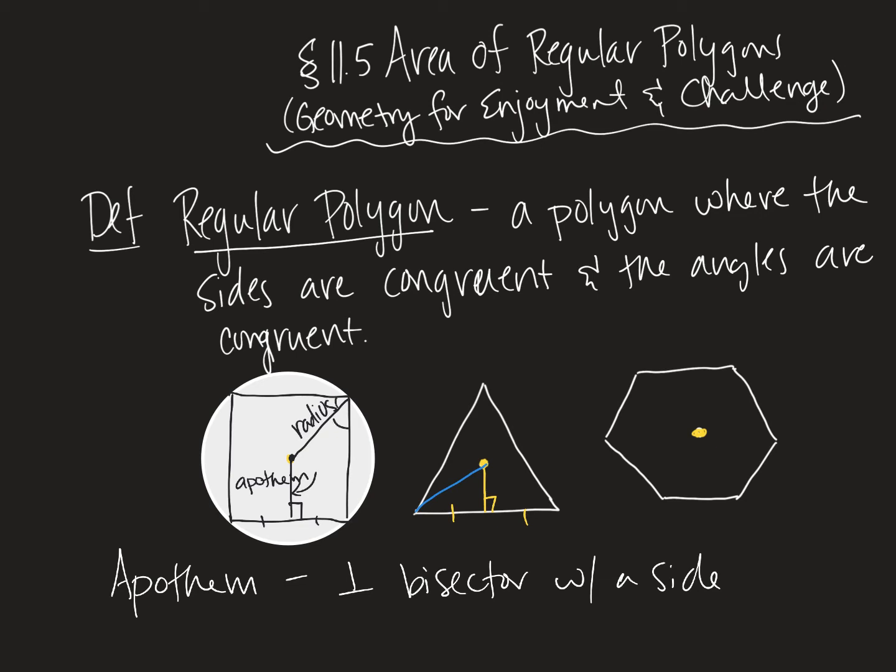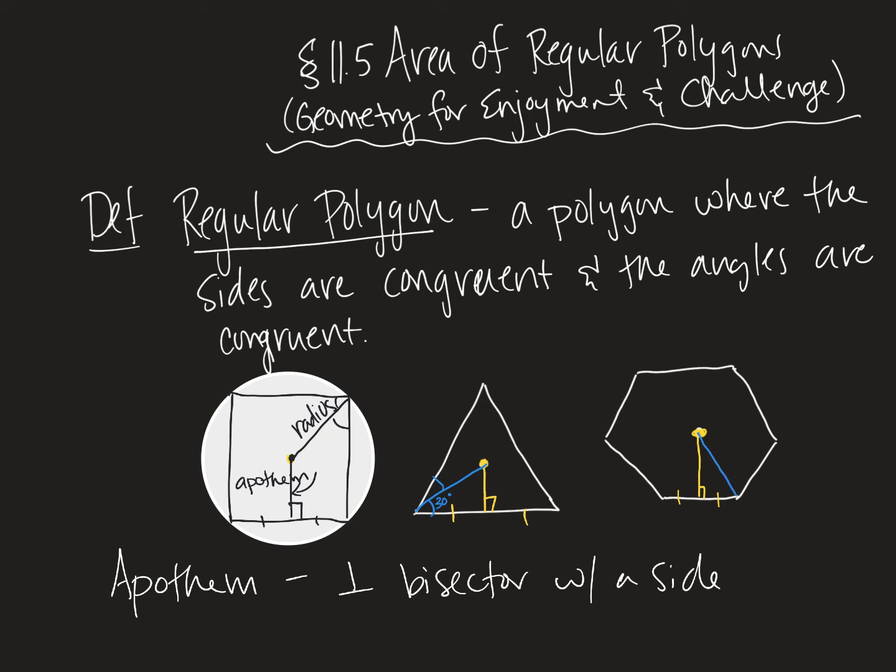It bisects the angle, so it creates congruent angles. So if this is a 60-degree angle because it's an equilateral triangle, then this little piece would be a 30-degree angle. Same thing happens over here. So my apothem starts at the center and it bisects and is perpendicular to the opposite side. And then the radius bisects the angle.